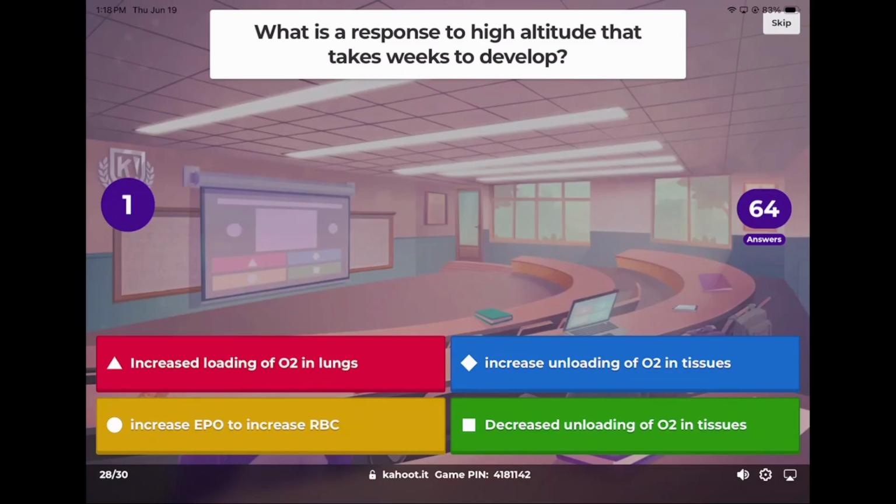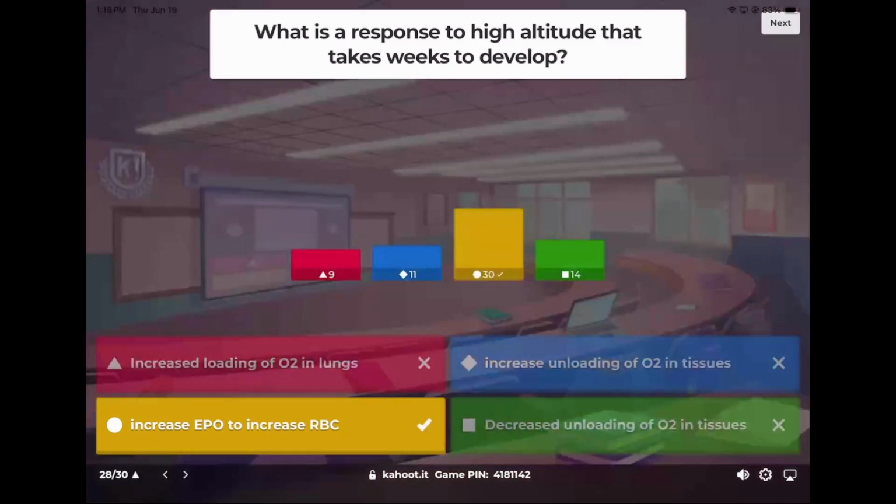So either, does it increase or decrease unloading of O2? Okay. What is the first response that happens to altitude? You get off the plane within the first hours. Increased loading of O2 in the lungs, so you load up more in the lungs. After a few days, then we get increased unloading of O2 in the tissue. We can get it off the red blood cells easier to our working muscles.